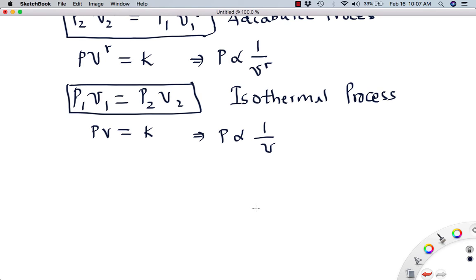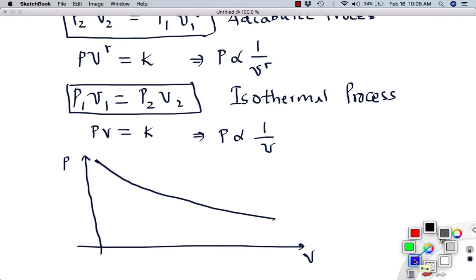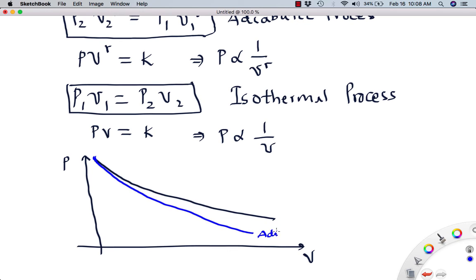So if you plot a PV graph for adiabatic process and isothermal process, what you will see is for isothermal process it decreases less rapidly than adiabatic process. So for adiabatic process it drops more rapidly. So this is for adiabatic process, and this is for isothermal.